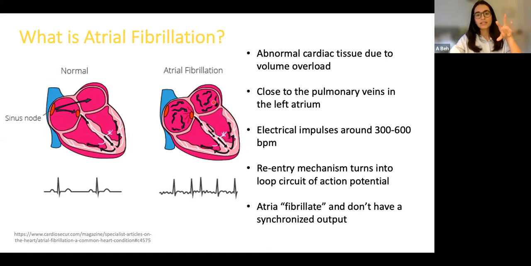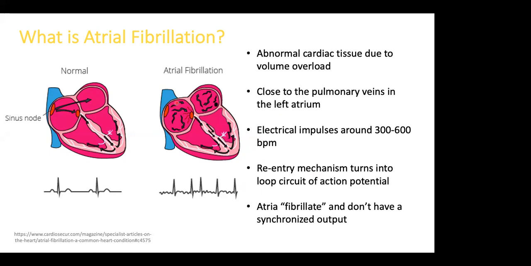Usually they are located in the left atrium, close to the pulmonary veins. And they generate and depolarize the ventricle in a very, very quick way, with a beat of around 300 to 600 per minute. And what happens is that we have a re-entry mechanism in both of the atria, and it turns into a loop circuit of contention.